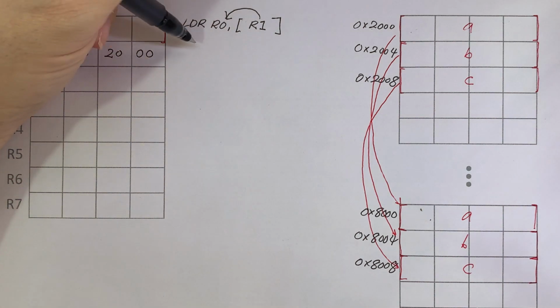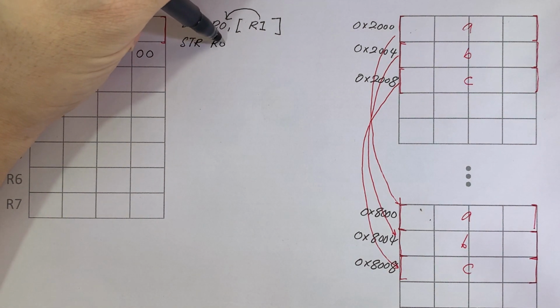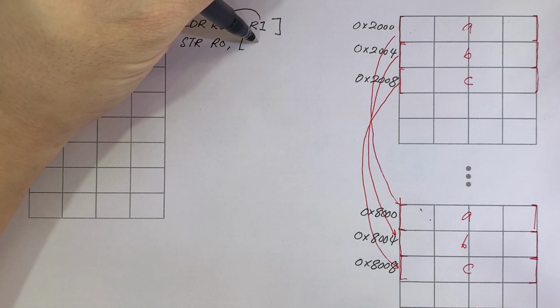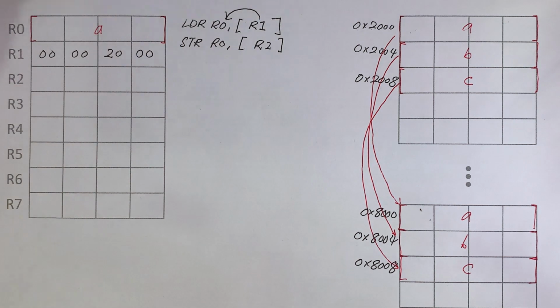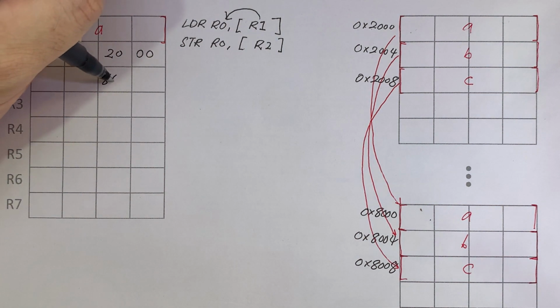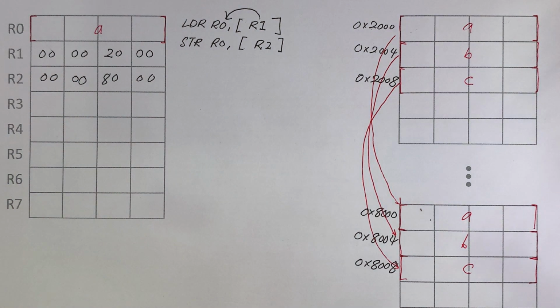Right, I can then store whatever value I have in R0 into the memory, and the address, let's say, is given by R2. So again, let's assume I already initiated my R2 with the address I want, which is 8000.